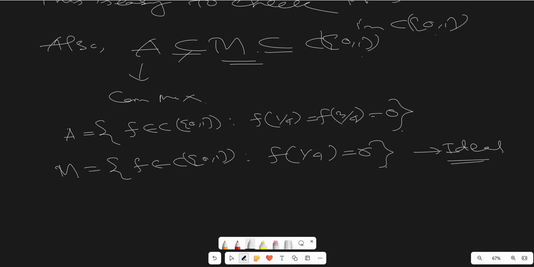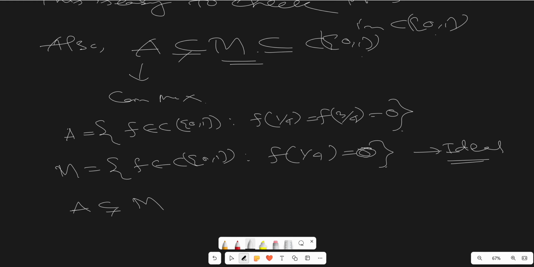This is an ideal. Also, can't you see that A is properly contained in M? Because M is vanishing at exactly 1 point, but A is vanishing at exactly 2 points. Can you see?